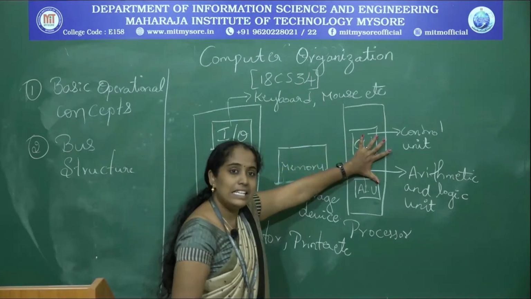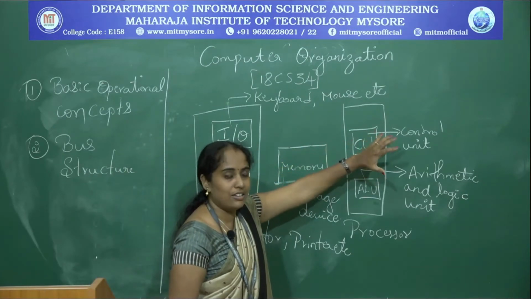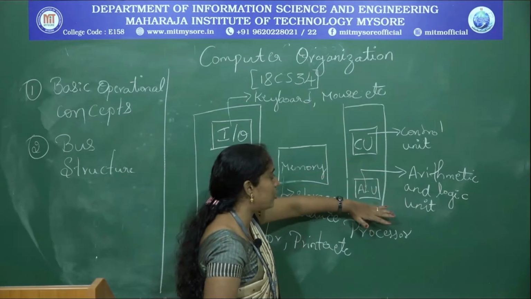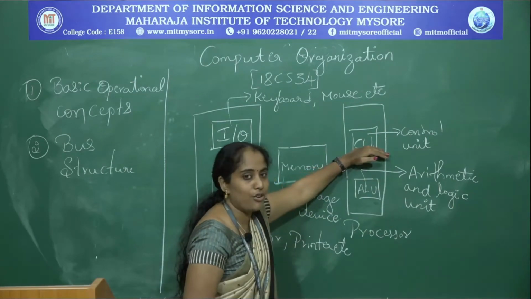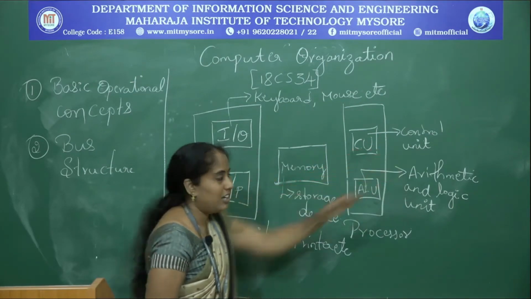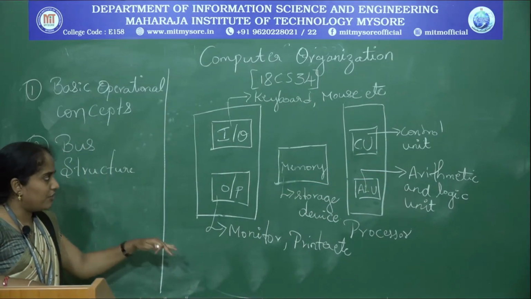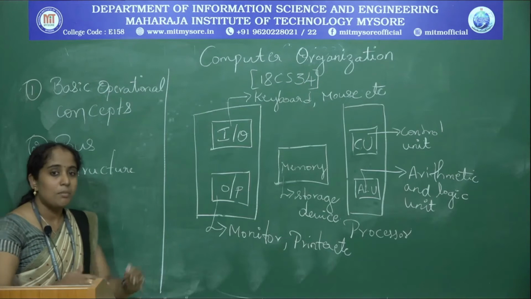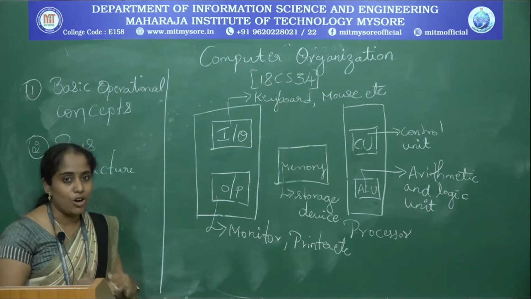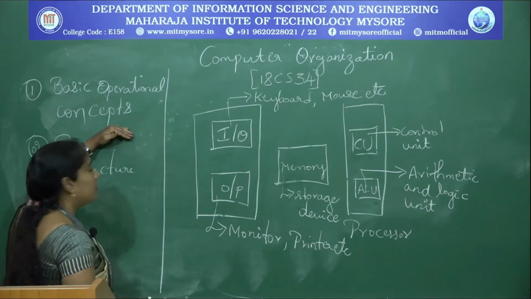In the next 2 modules, we will discuss the ALU operations and the control unit operations. In the first module we will discuss the basic operational concept, that is your first topic.